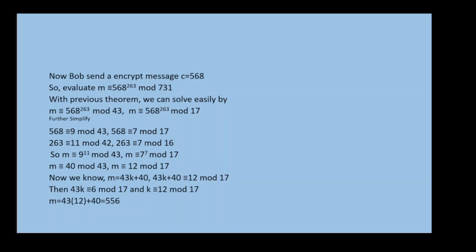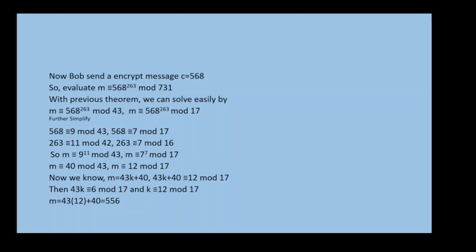Besides, we also know that 263 is congruent to 11 mod 42 and 263 is also congruent to 7 mod 16. So we can find that m is congruent to 9 to the power of 11 mod 43 and m is also congruent to 7 to the power of 7 mod 17. After the computation, we find that m is congruent to 40 mod 43 and m is also congruent to 12 mod 17.